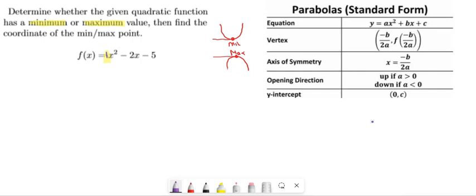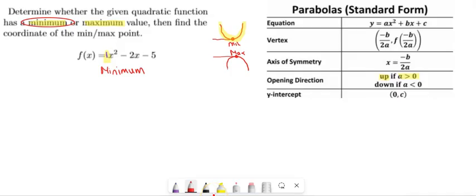All we care about is whether the number is positive or negative, and this is the part of the formula we're going to use. So a is greater than 0, therefore the parabola is looking upward, and the vertex is going to be a minimum.